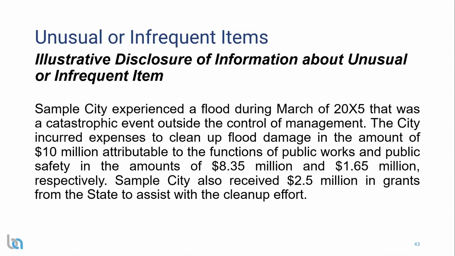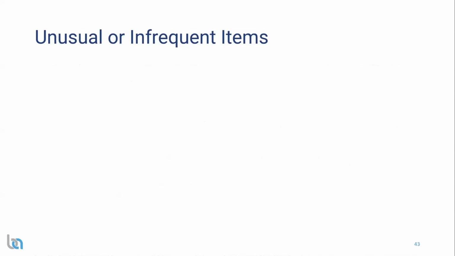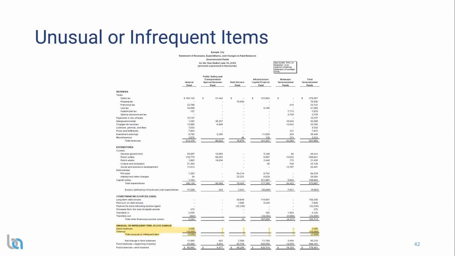So you're saying which functions or departments have been impacted, and that you received 2.5 million in grants. So this is reflecting these numbers, the 2.5 and the 10 million cleanup cost.